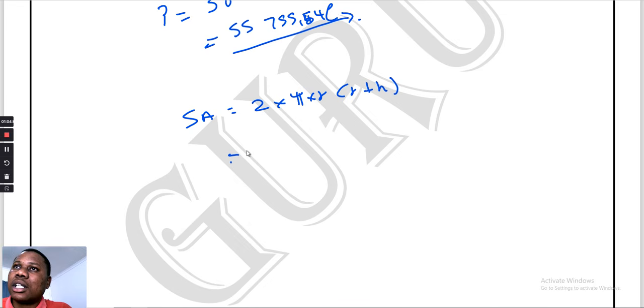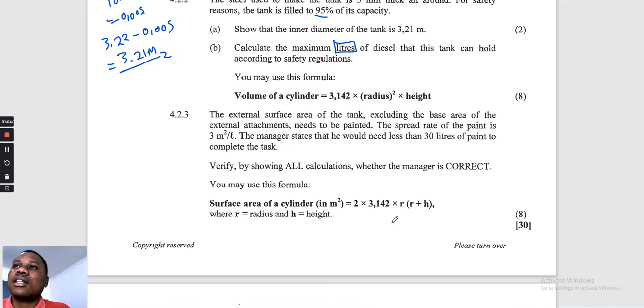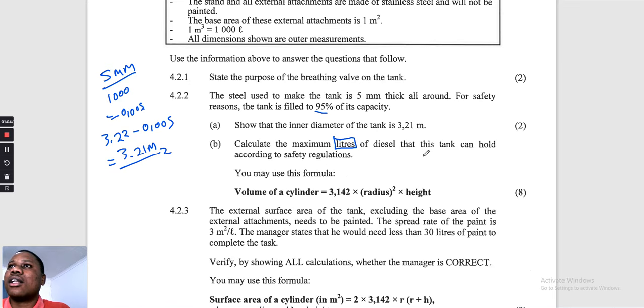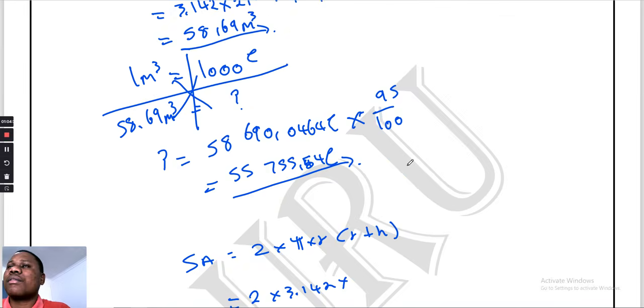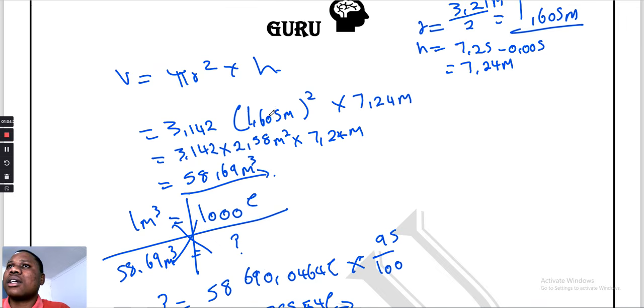So now we can substitute: 2 multiplied by 3.142. Then let's check how much our radius is. Our radius is 1.605.